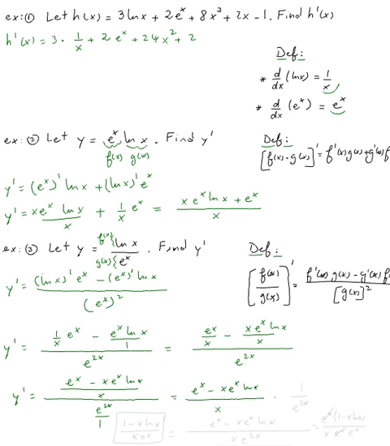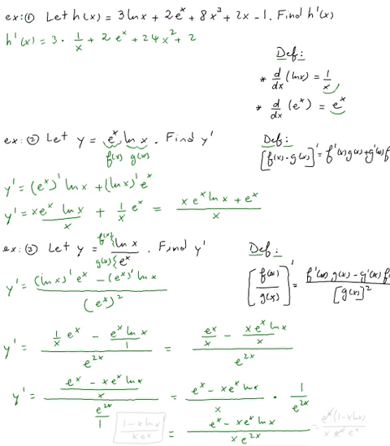Remember, division becomes multiplication by 1 over e to the 2x. So we just invert the fraction. And here, just one more step. This is equal to x e to the 2x, and then 1 times the top will be e to the x minus x e to the x ln x, and we're done.